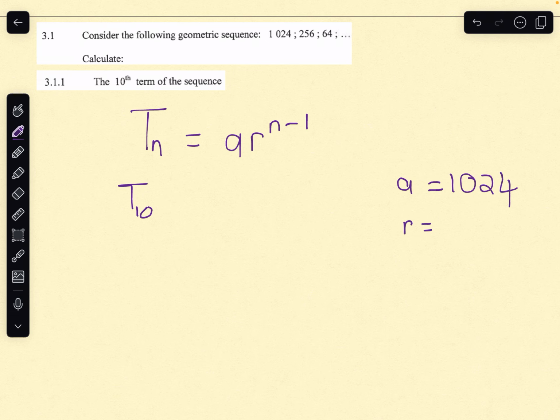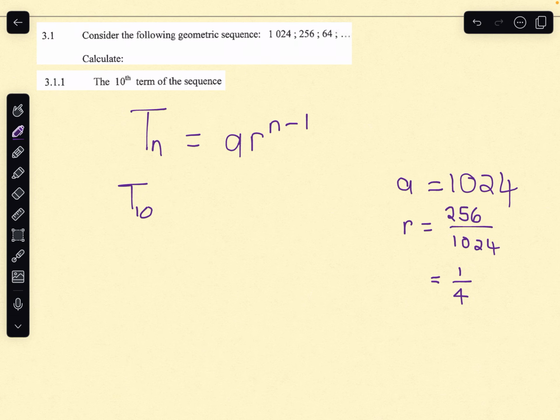r is the ratio between term 2 and term 1, or term 3 and term 2. So we can take term 2 and divide it by term 1, or take term 3 and divide it by term 2. If you put that in your calculator, I think that will give you a quarter.